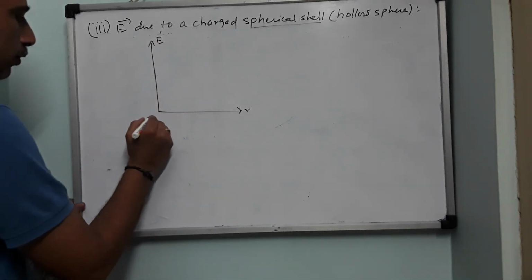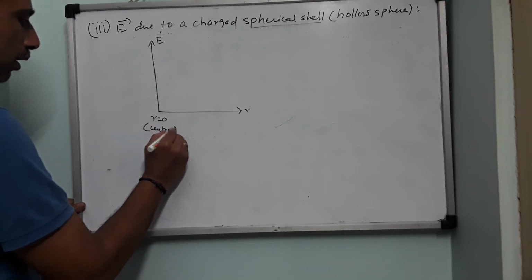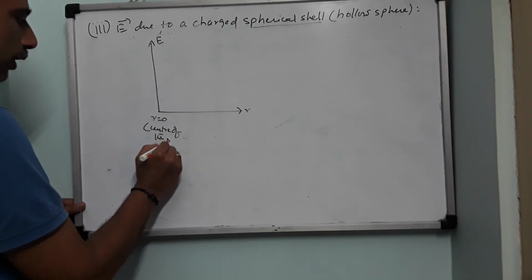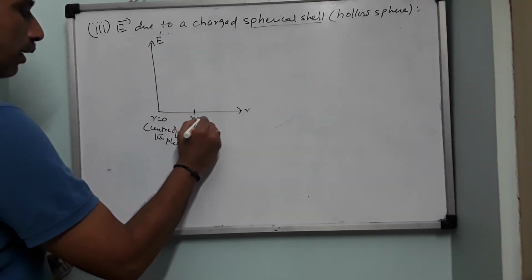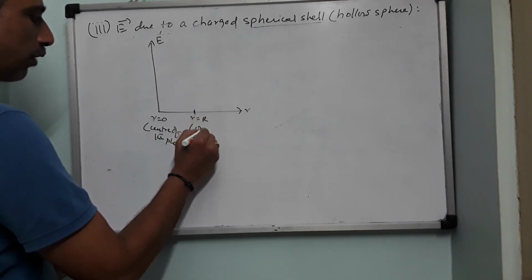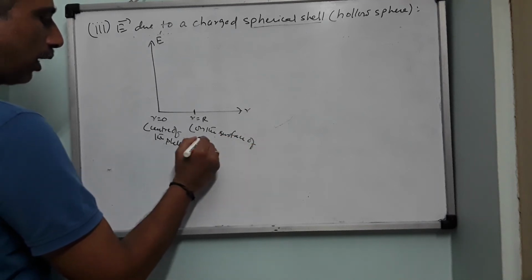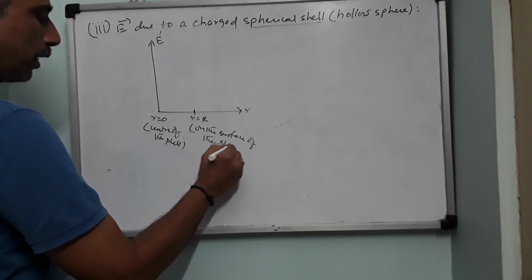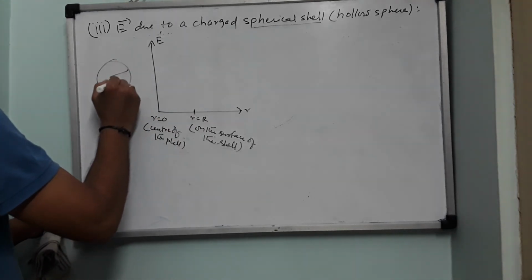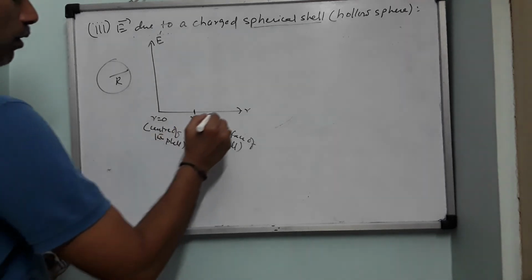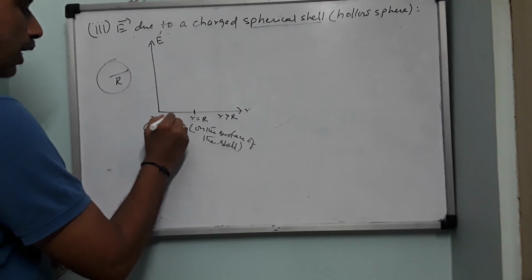Now this is r equals 0, which corresponds to the center of the shell. Now this point I take as r equals R. This corresponds to the surface of the shell, because capital R is the radius of the shell. Now this will be r greater than R, any point outside. So this is r less than R.